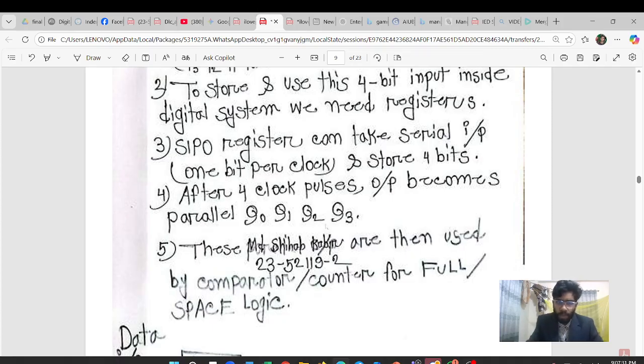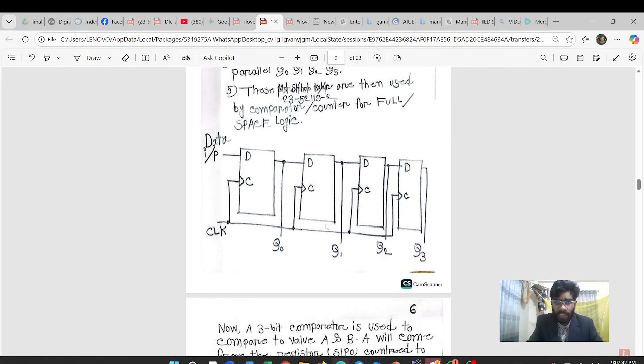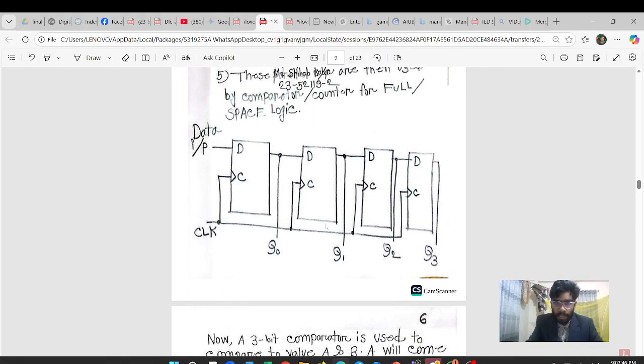After 4 clock pulses, the output becomes parallel Q0, Q1, Q2, Q3. And this is my SIPO register internal architecture for 4 bits.